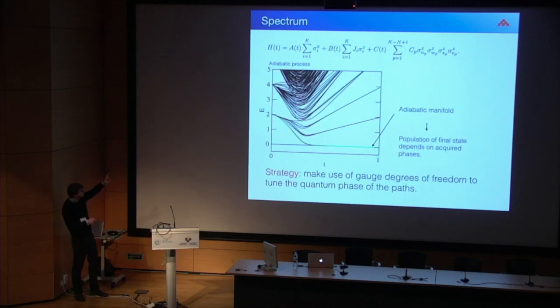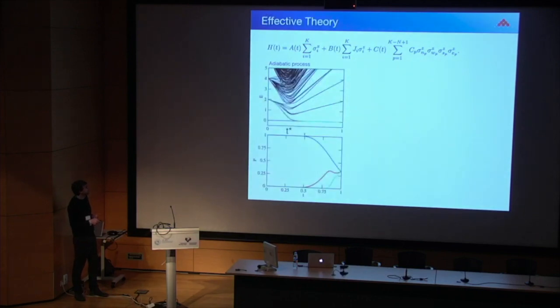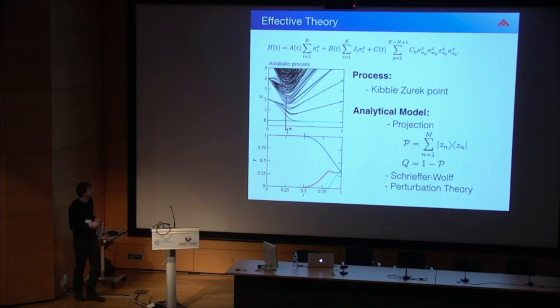So this means we have to tune our phases that make the transitions here in such a way that we can program the population of the final state. Now, it turns out that we can actually do this, and that's actually quite a lot of mathematics. So it's an analytical theory that we derived for this.